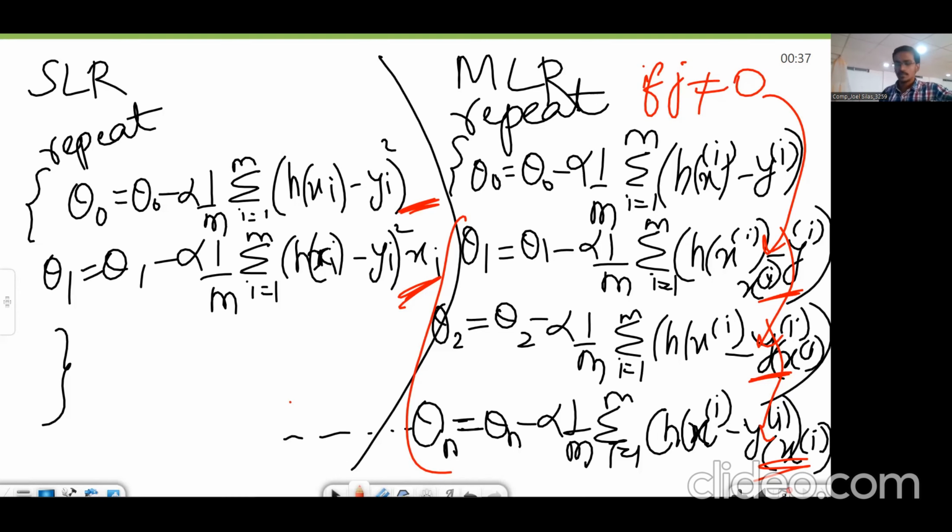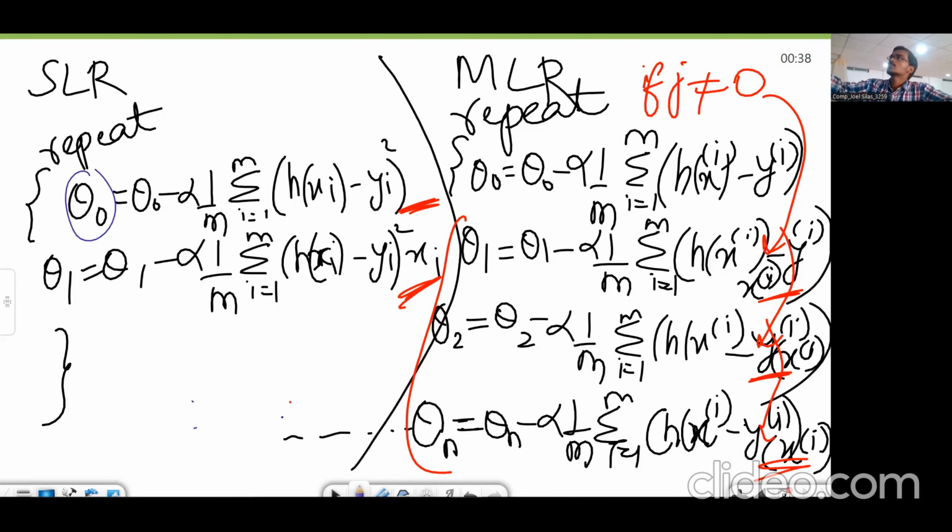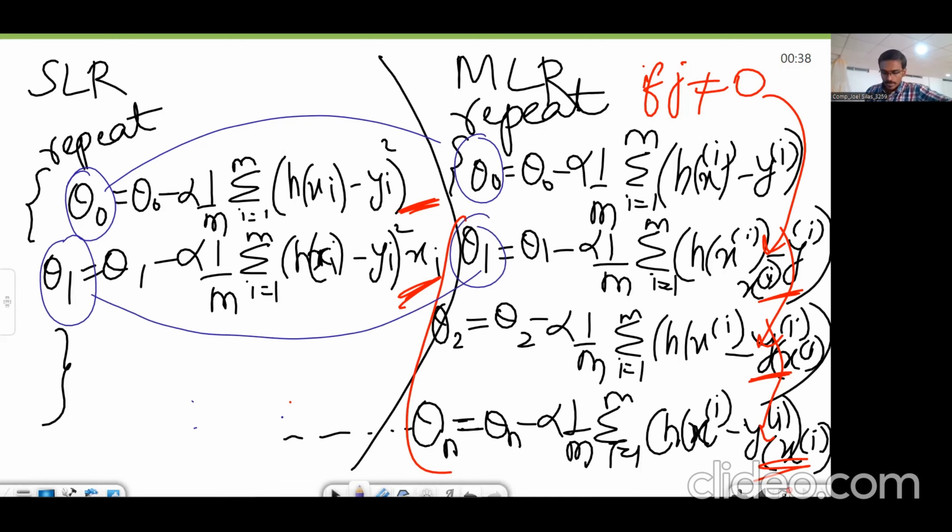Okay, so this is how it will work. And we can also see that the theta 0 over here corresponds to the theta 0 over here, and the theta 1 over here corresponds to the theta 1 over here. And then we have some additional features.